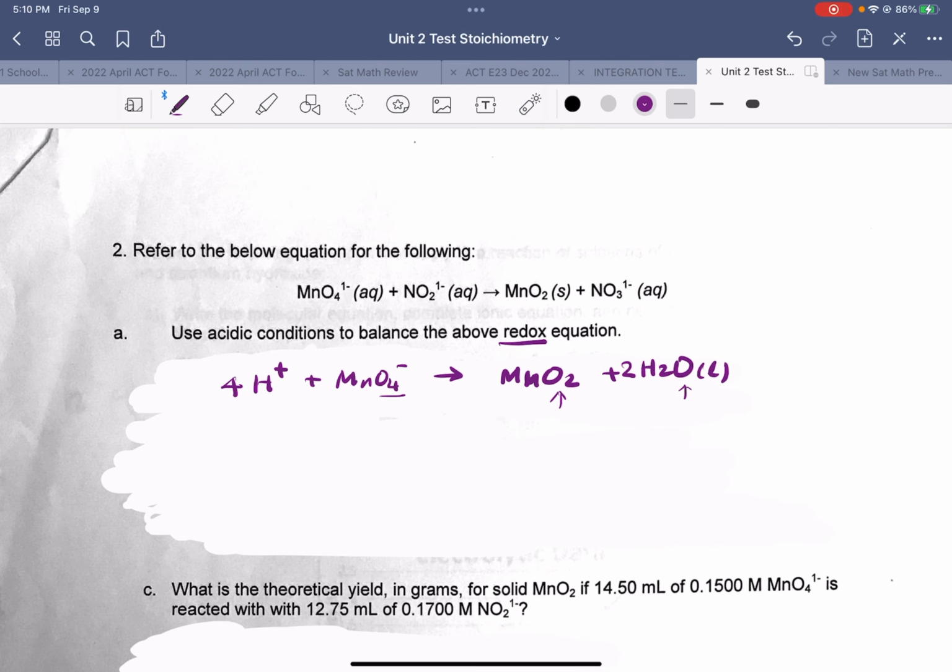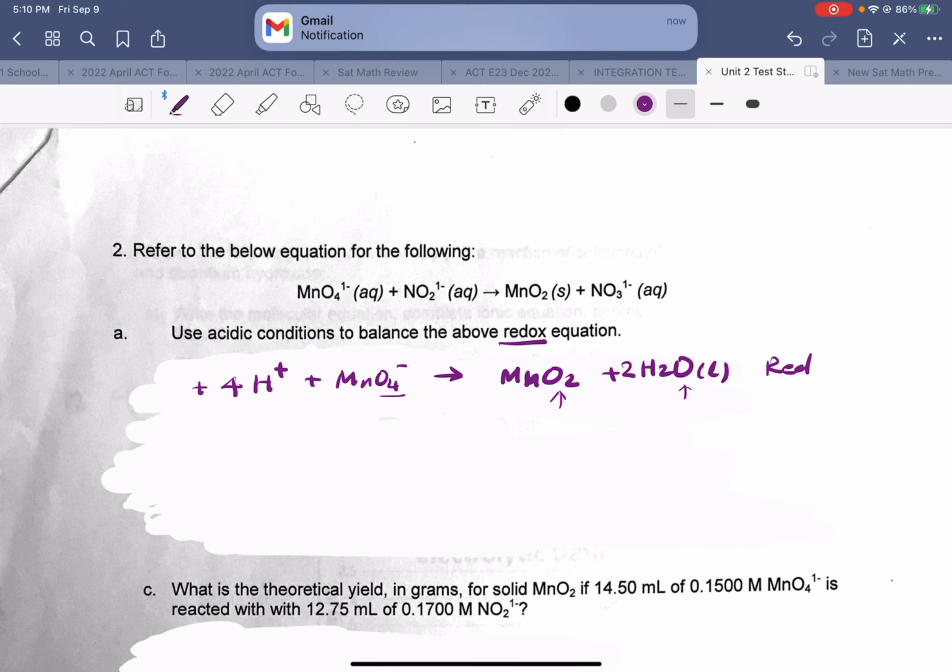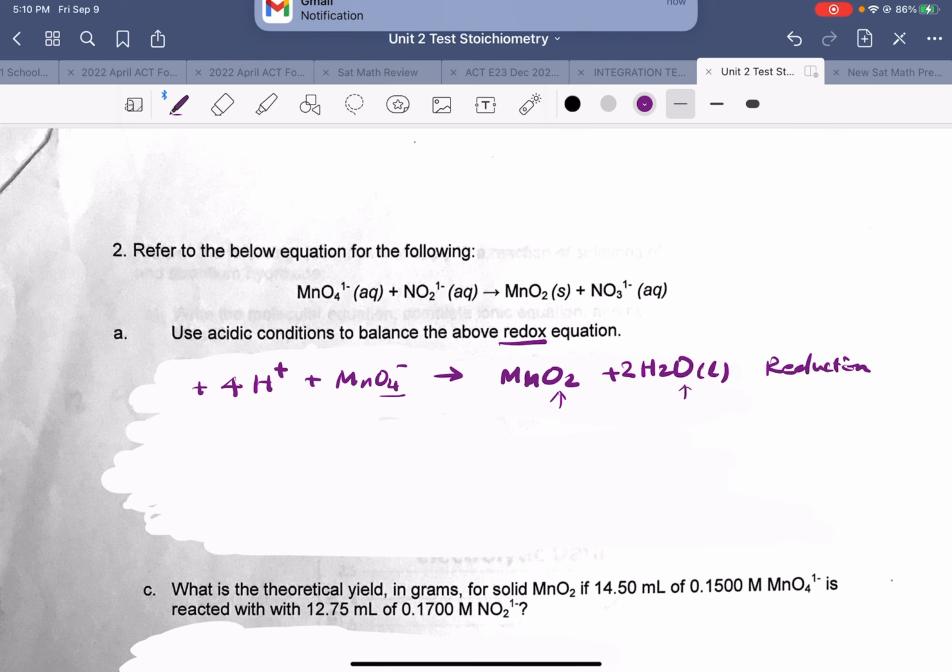Now if you look at it, how many electrons do you have here, which is the reduction? How many electrons go in here? Here is the H plus.